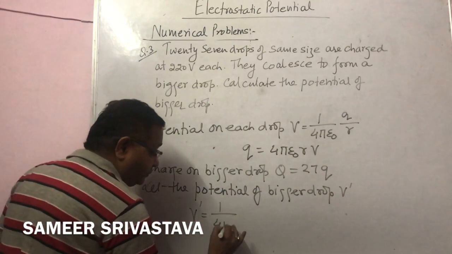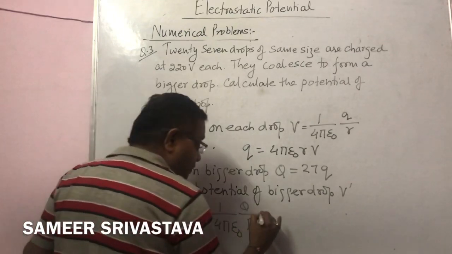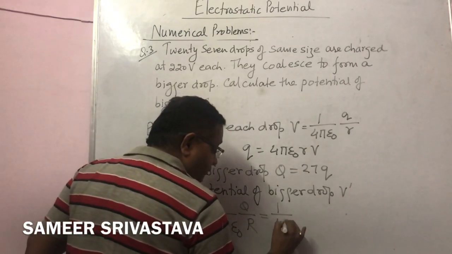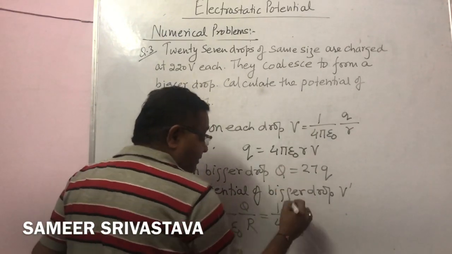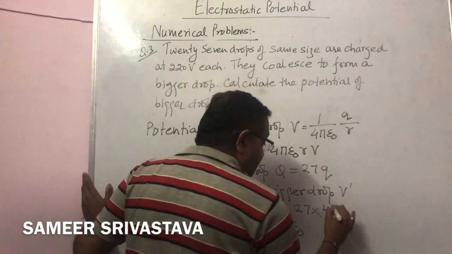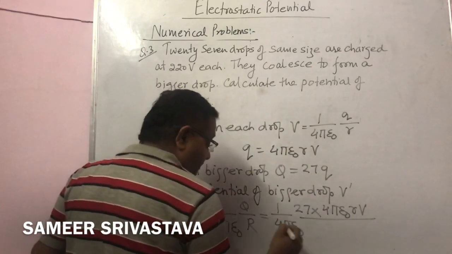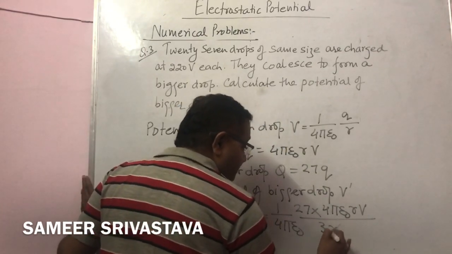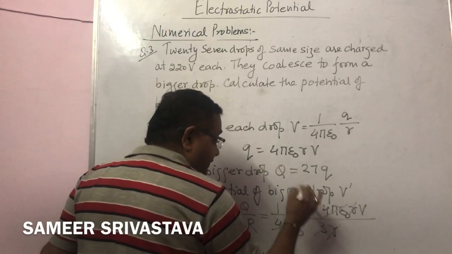Now what is the V dash value? 1 upon 4 pi epsilon naught capital Q upon capital R. Put the values here. 1 upon 4 pi epsilon naught. What about capital Q? Capital Q is 27 times small q, that is 4 pi epsilon naught R into V, upon, what is the value of capital R? 3 times small r, right? 4 pi epsilon naught is cancelled out. 3 nines are 27.